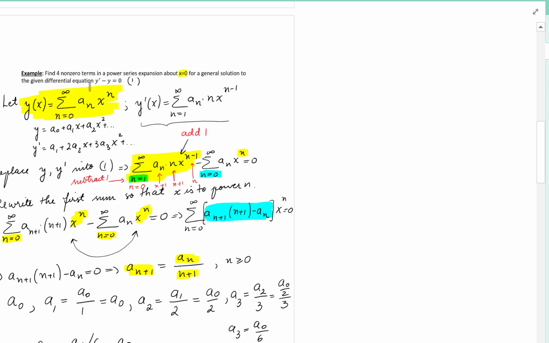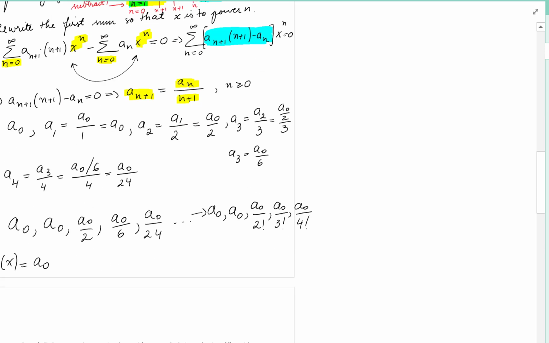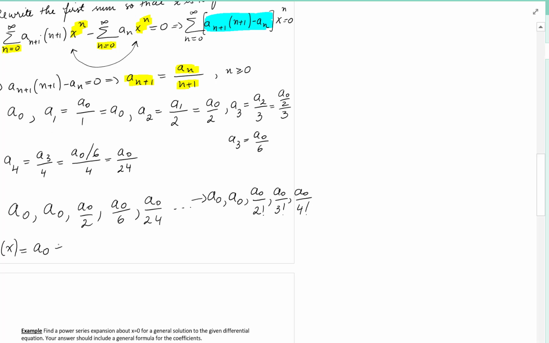It starts at n equals 0, so it's a sub 0 x to 0, plus a sub 0 x to the first, plus a sub 0 over 2 factorial x to the second, plus a sub 0 over 3 factorial x to the third, plus dot dot dot, and I can actually write it as a sub 0, I'm going to factor it out, and then the sum as n goes from 0 to infinity of x to the n over n factorial.